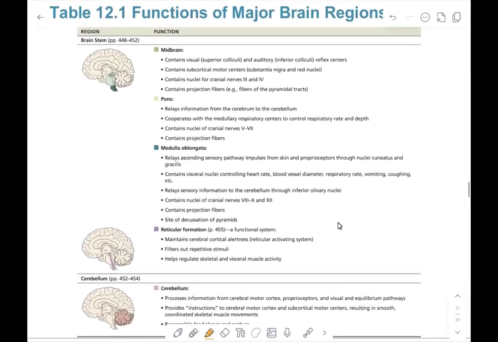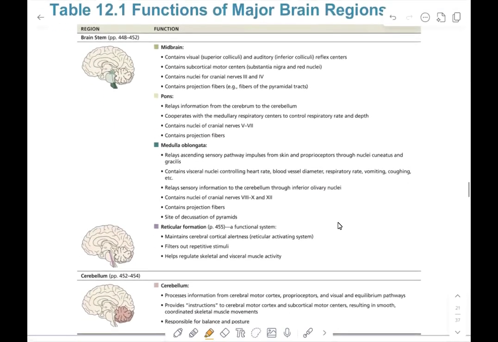So the second part of this table and the last part of the table contains the brainstem. And as we know, the brainstem is going to include the midbrain, pons, medulla. And the midbrain contains the superior colliculus, which is visual, and the inferior colliculus, which is auditory.